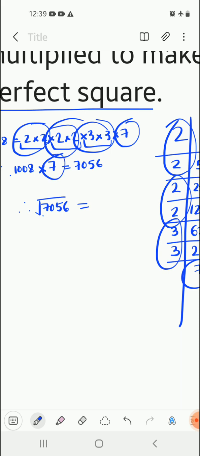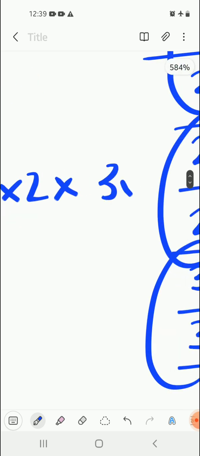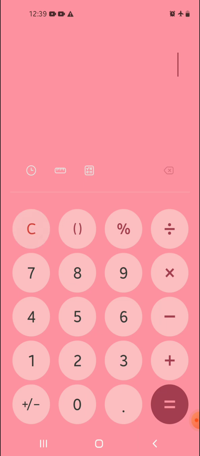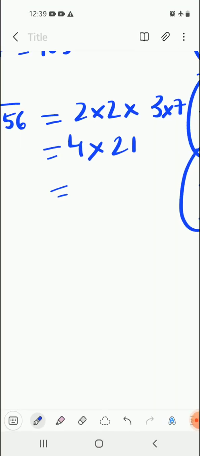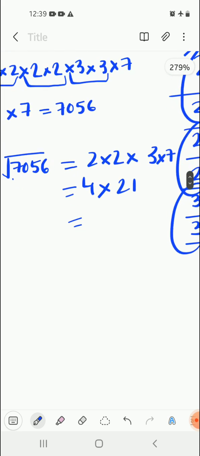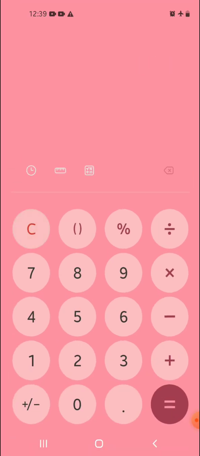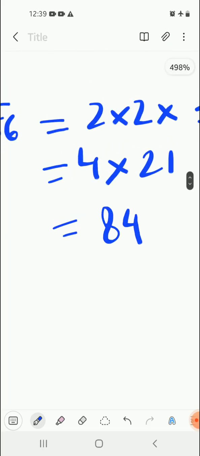Here 7 and here 7. So now we are going to write it this way, 2 into 2 into 3 into 7. 2 twos are 4, 3 into 7 is 21, multiply 21 into 4, we get 84. So it is basically 84.